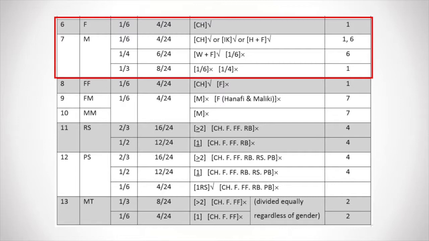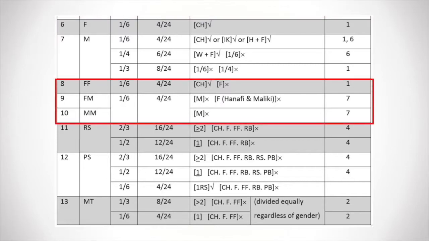Next line, if the dying person is a male and leaves behind a wife and a father, and the condition of 1/6 is not met, then the mother will get 1/4. But if both these conditions are not met, 1/6 or 1/4, then mother's share is 1/3.